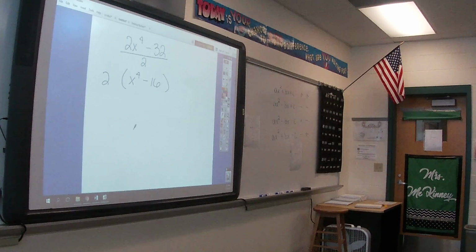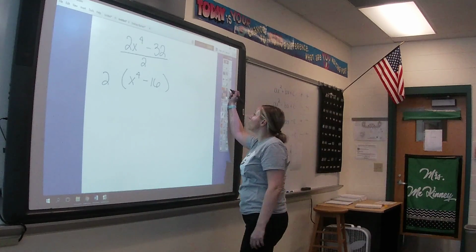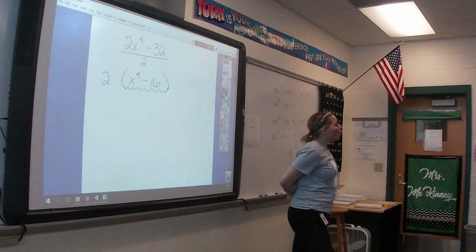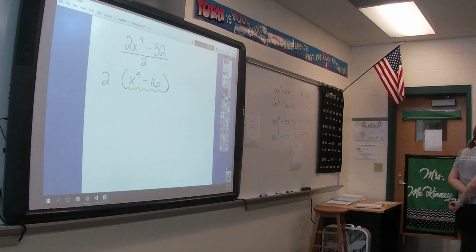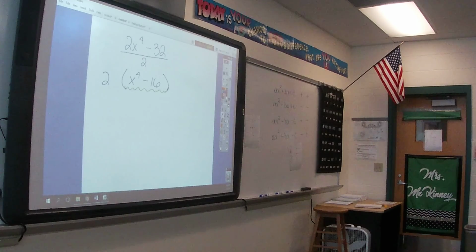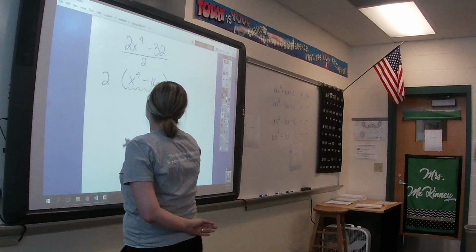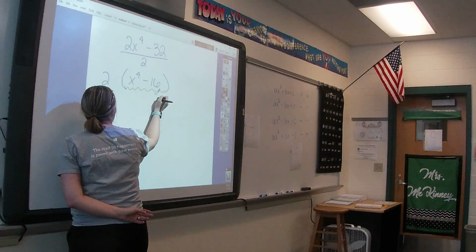So how many terms does this have? 2, right? Because the only terms that we are focusing on is right here. So what should we look for if we count and we get 2 terms? Special case. A special case. And is x to the 4th minus 16 a special case? Yes. Okay, so what times itself gives us 16? 4.